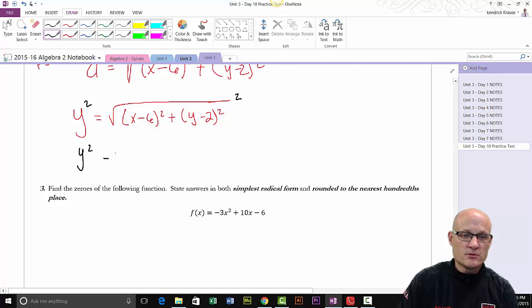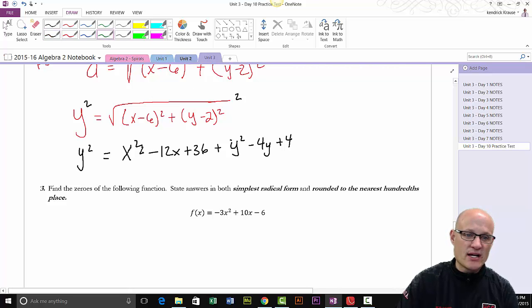Equals x squared minus 12x plus 36 plus y squared minus 4y plus 4.